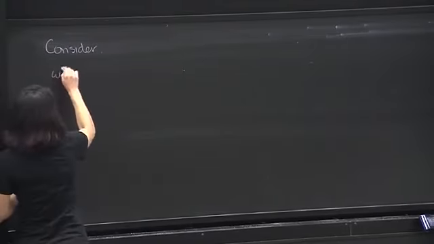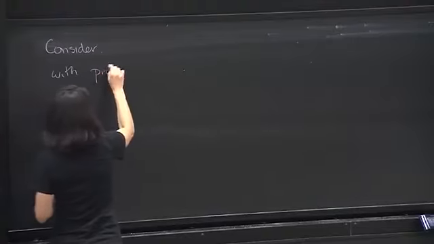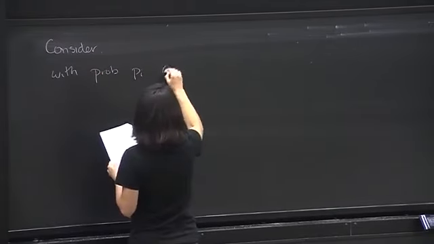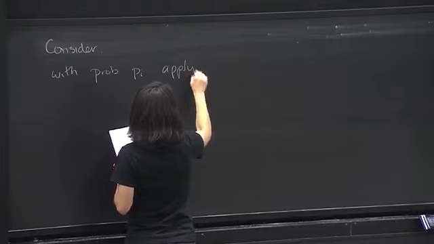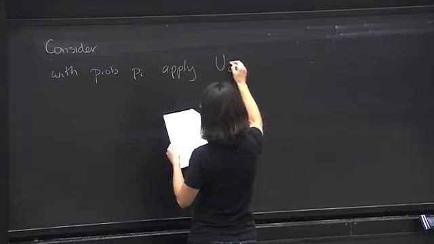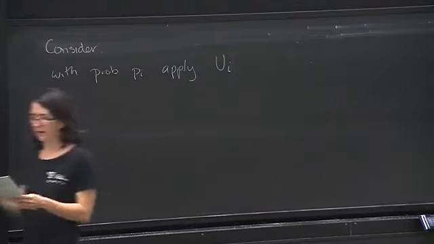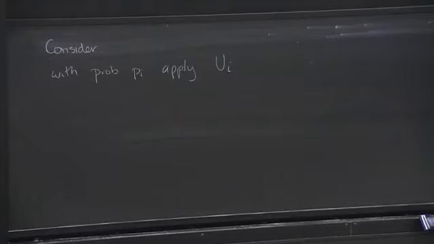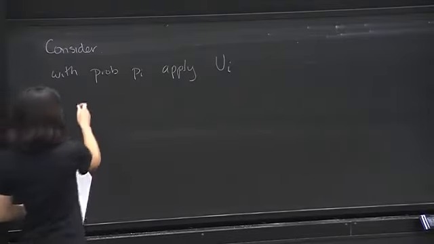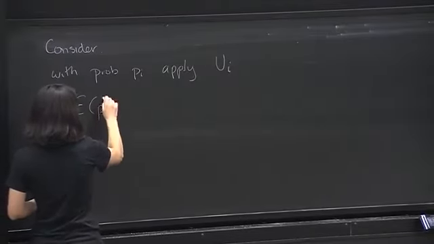Let's say with probability p_i, I will apply a unitary transformation given by U_i. Then I can write down the effective transformation as this map.